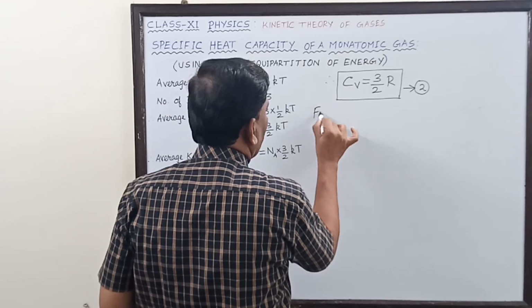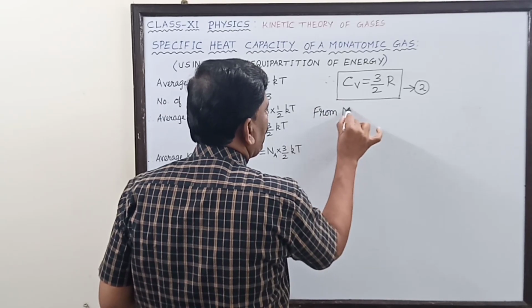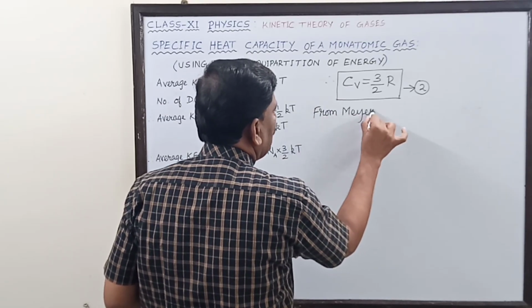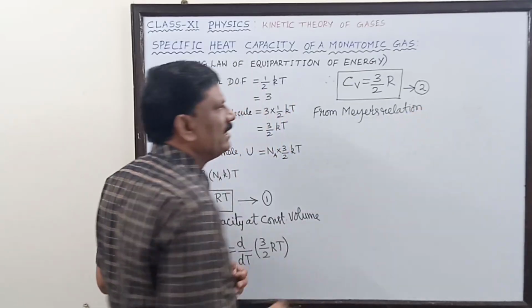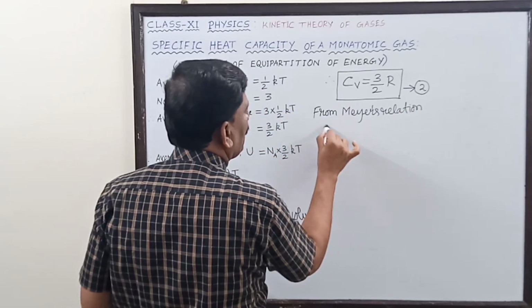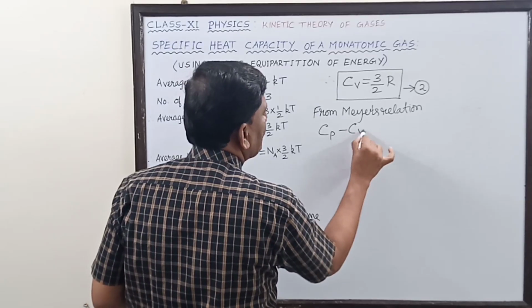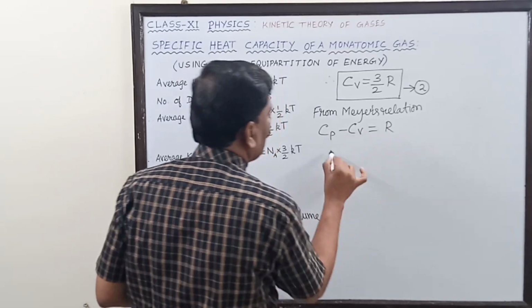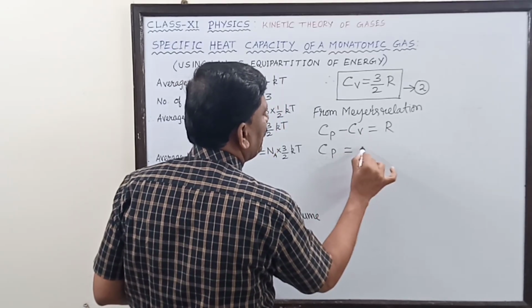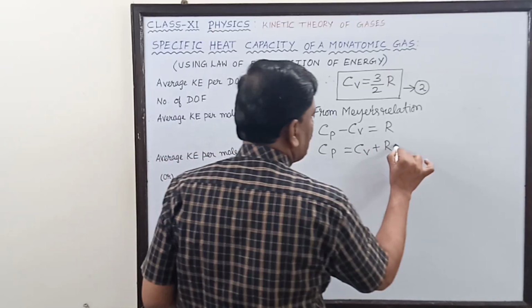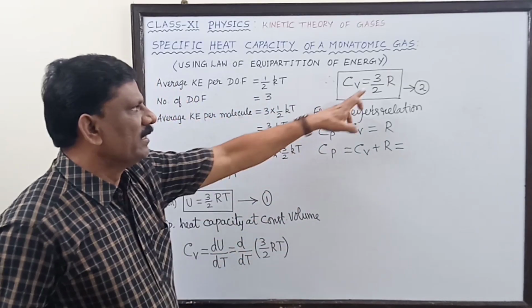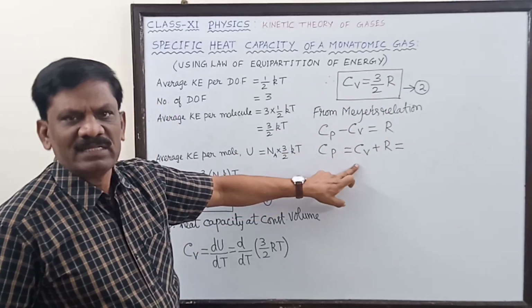Now, from Mayer's relation, which we derived in the class, Cp minus Cv is equal to R. So Cp is equal to Cv plus R. I am going to substitute 3 by 2 R for Cv.